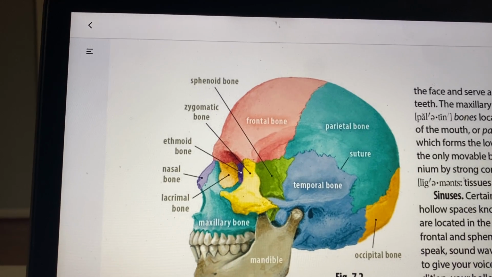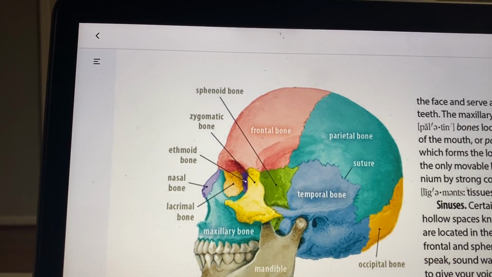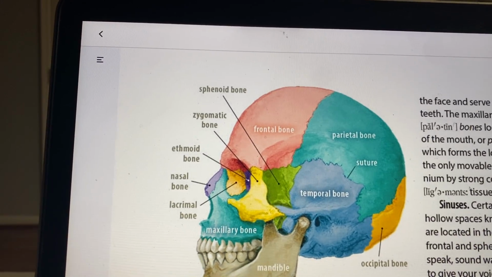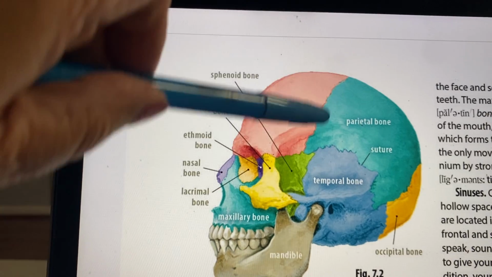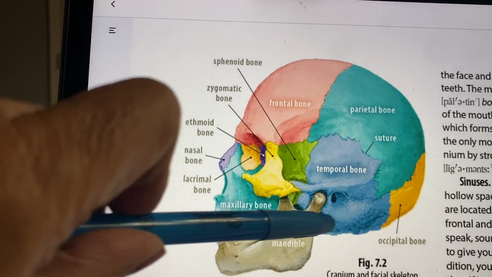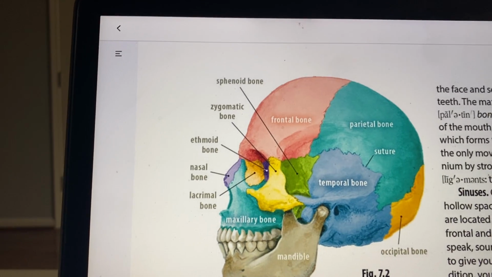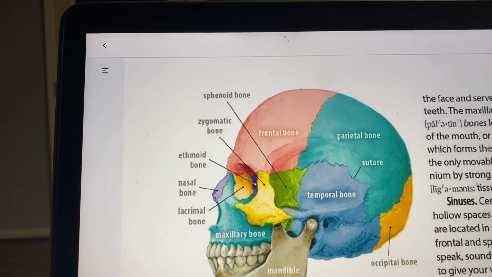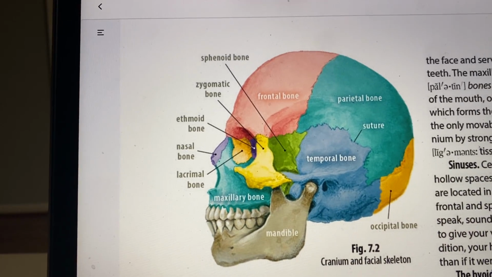This gives the head easier growth, and gradually the fontanelles shrink away and turn into sutures. These are the divisions of the skull. It's kind of weird, isn't it, that they grow together and have these sutures, which are uneven lines or shock absorbers.